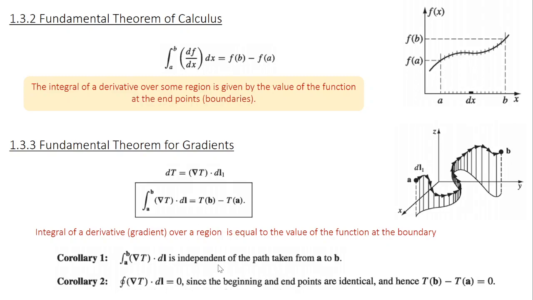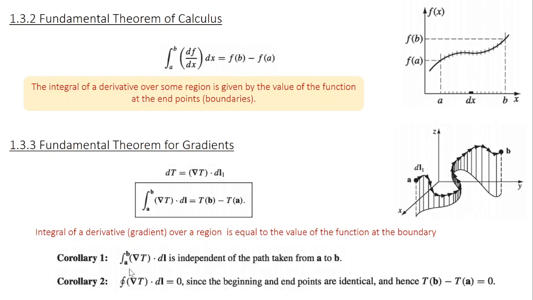Now you can infer two important points here, which I wrote here as corollaries 1 and 2. First, the line integral depends only on the endpoints. It is independent of the path. So the integral from a to b of grad T dot dl is independent of the path taken from a to b.